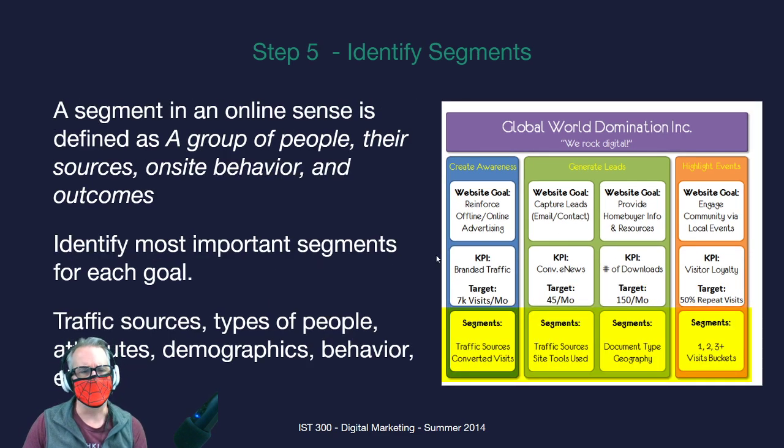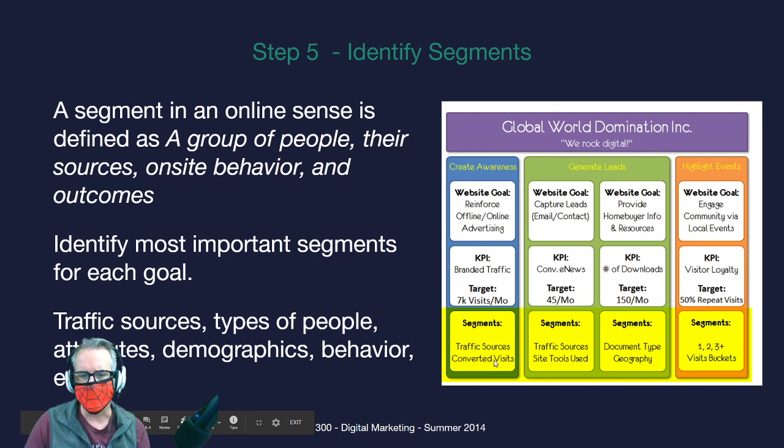After you get your targets down, like what numbers do you want to achieve, then you're going to look at some different segments, some different areas that might give you more insight as to how you're doing for that particular objective. So, for example, I have create awareness. They have traffic sources and converted visits. So, like, where's my traffic coming from?